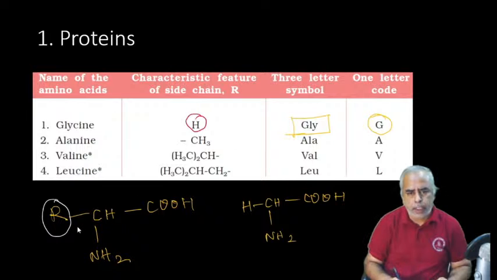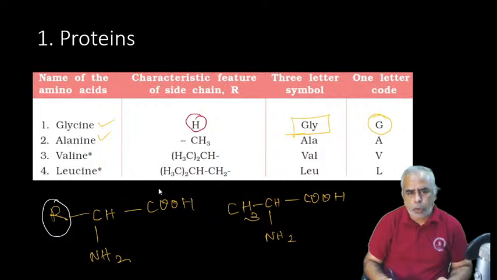Similarly, alanine, so you can replace this R by CH3, then you will get alpha amino propionic acid, which is nothing but alanine.